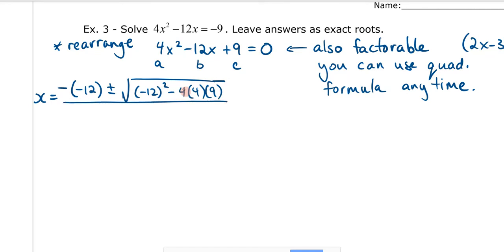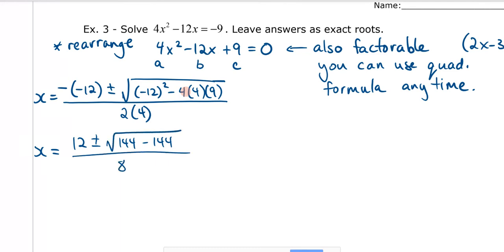All of this is divided by 2a, so 2 times 4. Do some simplification. X equals negative of -12 is positive 12, plus or minus 12 squared is 144. 4 times 4 times 9 is also 144, so minus 144. Okay, like that. And all of that divided by 8.